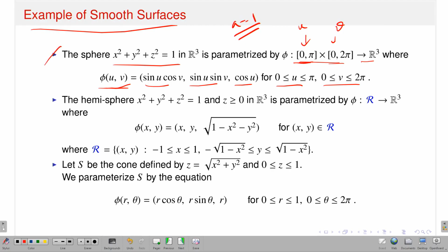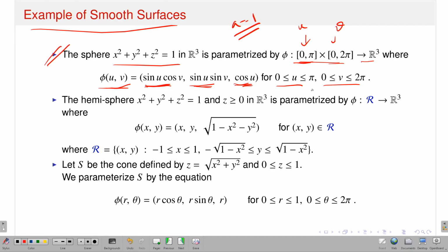Okay, so this is one example of smooth surfaces, because look at the components. So what about whether phi is C1 or not? Of course each component is a combination of sine and cosine functions, and each of them is a C1 function, right? Since each is differentiable and its derivative is continuous, you can think of phi as a C1 map, that means it is continuously differentiable, number 1.